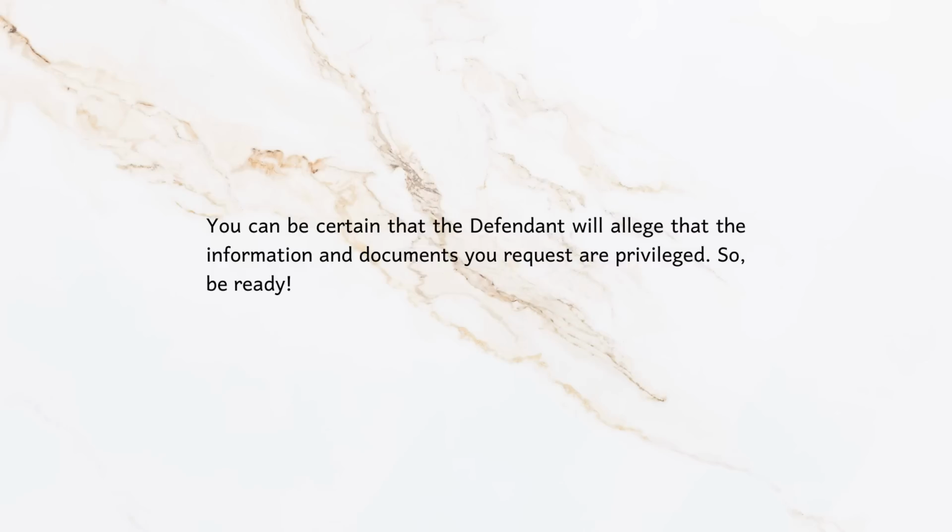Reason number 2. As I said, you can be certain, pro se, that the defendant will allege that the information and documents you request are privileged. And I'm reiterating this, so I want you to be ready. Reason number 3.